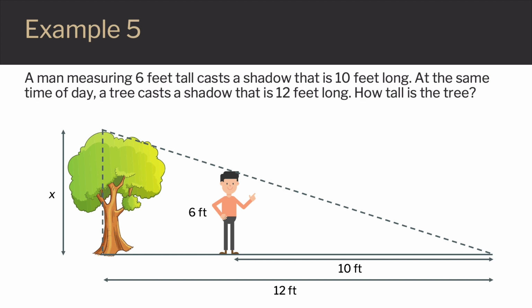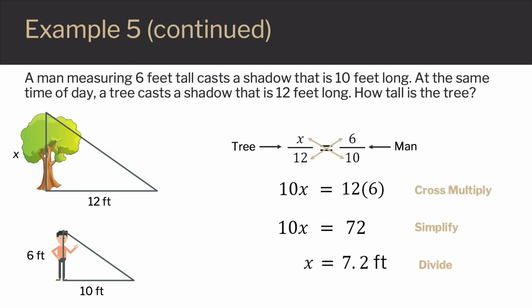We start with the proportion just as we did on the previous examples. First, we'll look at the triangle associated with the tree. That will give us x over 12. We'll set that equal to the corresponding sides of the triangle associated with the man. That gives us 6 over 10.